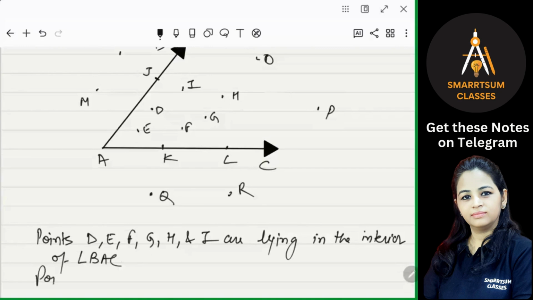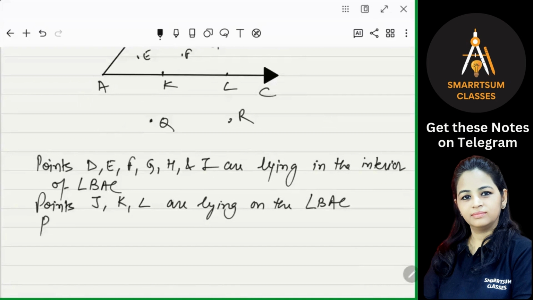Whereas the points J, K, L are lying on the angle. On the angle, right? If they are lying on the arms, they're lying on the angle BAC.